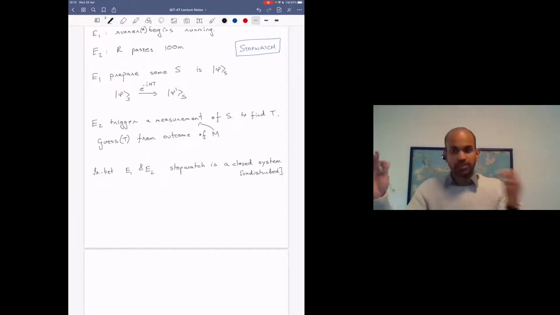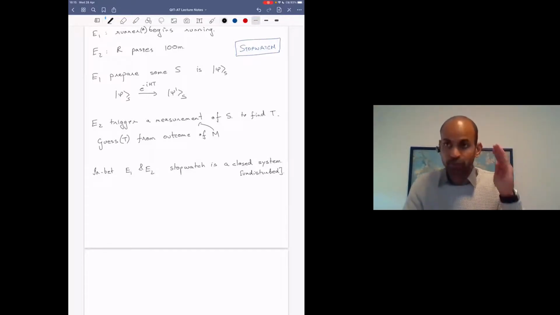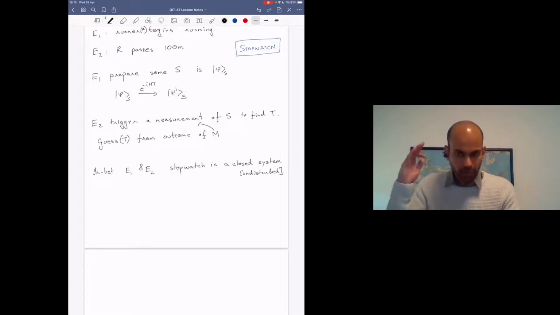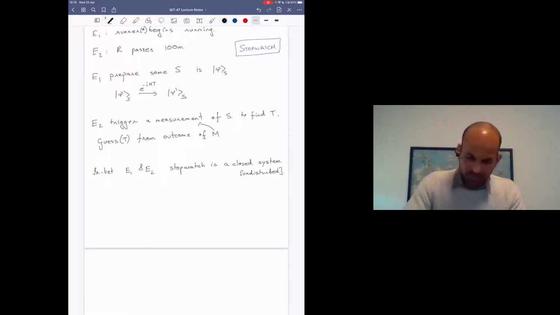Only at E1 and E2 is it open. At E1, it's open only in the sense that you have to prepare it in a particular state. And at E2, it's an open system simply because you have to make a measurement at that point. Okay, so this is the definition of a stopwatch.